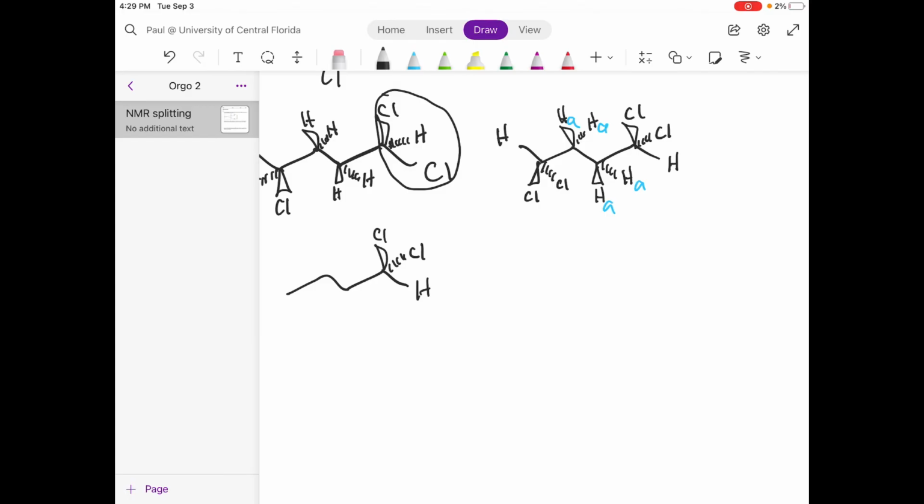So I'm going to draw it down here. So we have our H. Here's our 2 chlorines. So let's compare the relationship between those two to double check and triple check that they are in fact equivalent.